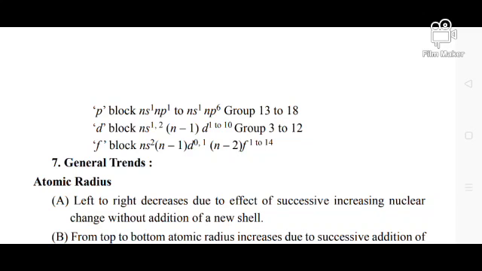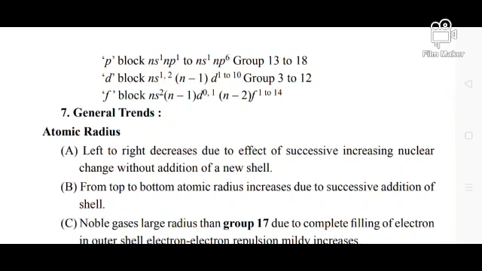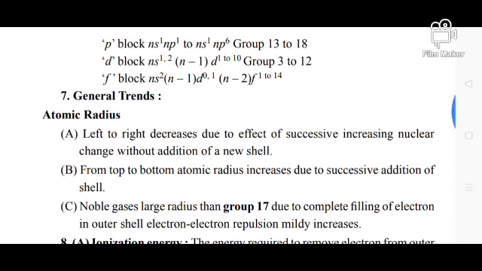The general electronic configuration is ns2, (n-1)d0 to 1, and (n-2)f1 to 14. So this is the general electronic configuration.